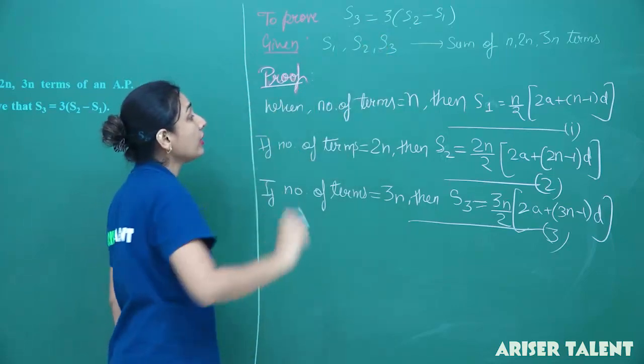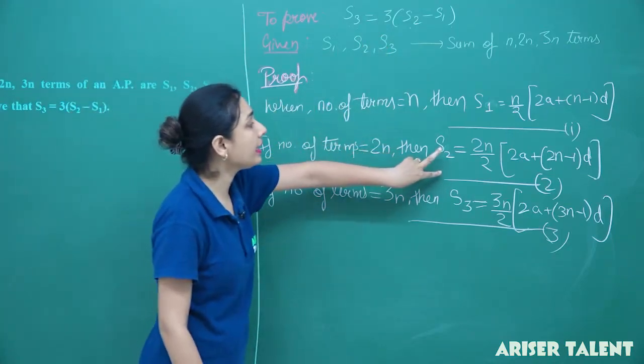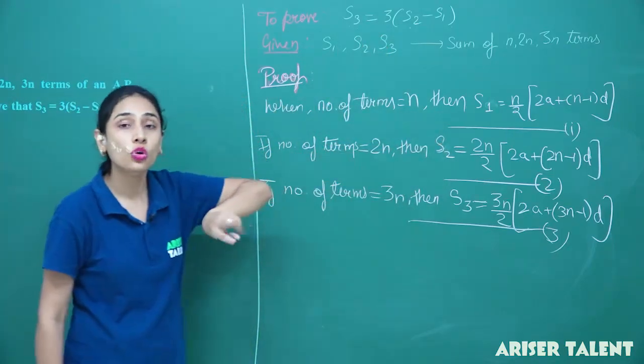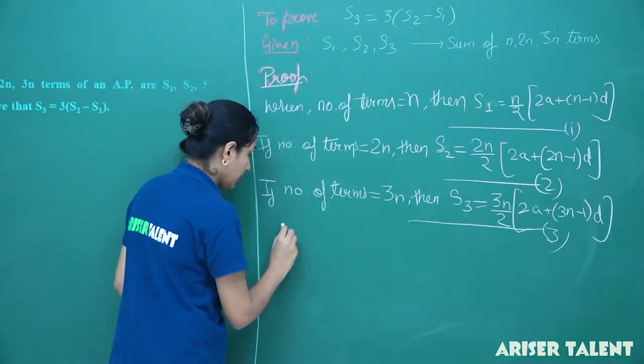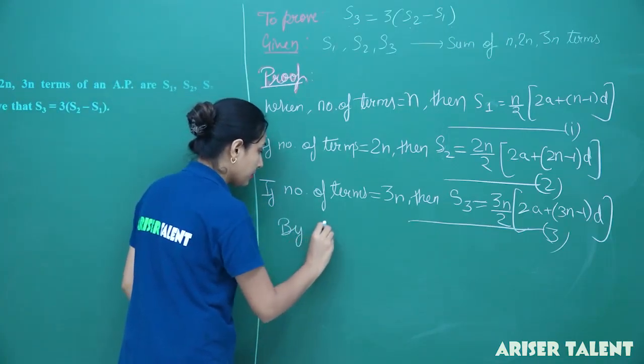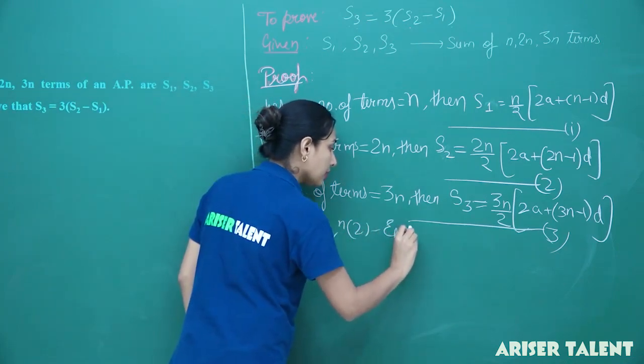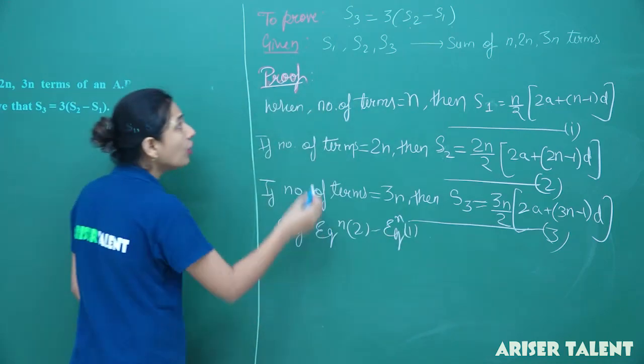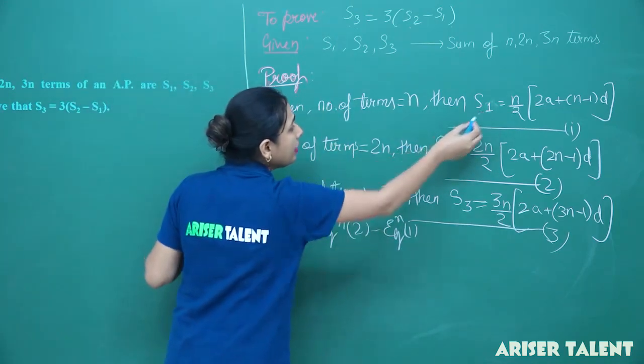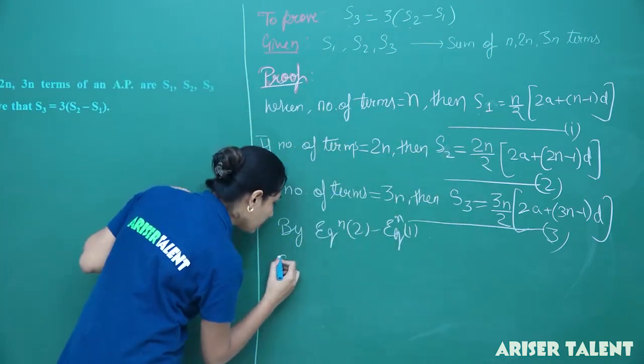So it's clearly showing that you have to subtract equation 1 from equation 2. So do equation 2 minus equation 1. What will it give me? On this side, it will give me S2 minus S1.